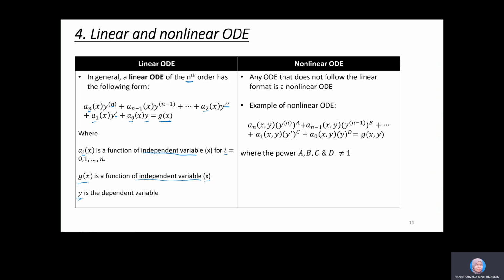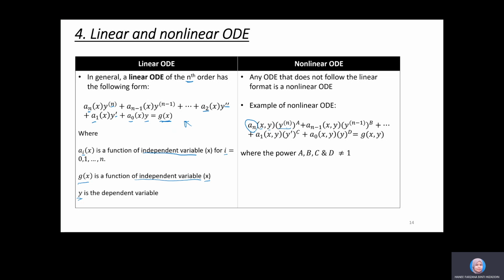Any ODE that does not follow the linear format is a non-linear ODE. For example, if you try to rearrange and it does not fit into the standard form, then it's a non-linear ODE. Also, if a sub n is a function of both x and y instead of just x, it's non-linear.